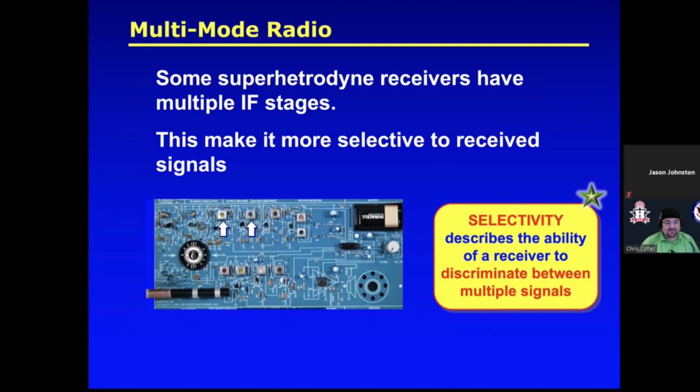As you can see here, that is going to be controlled by these little doodads right there. I can't make out exactly what those are. Eyes aren't getting any better, but that is what the selectivity in a radio is. It's the ability to narrow down what it is that you want to hear and get rid of all the extra.